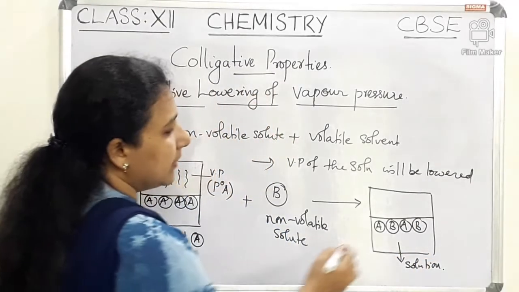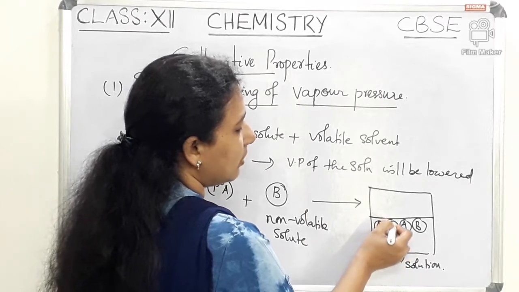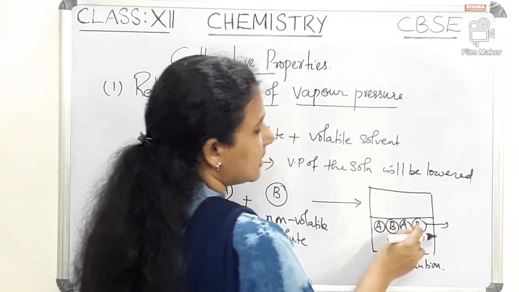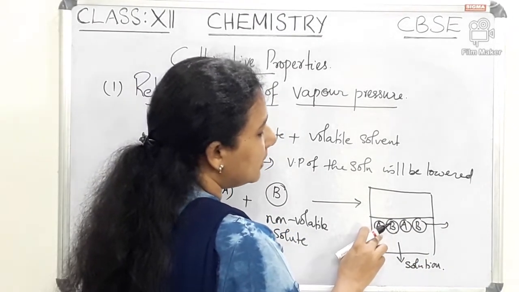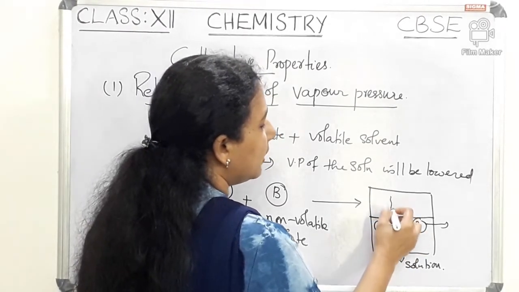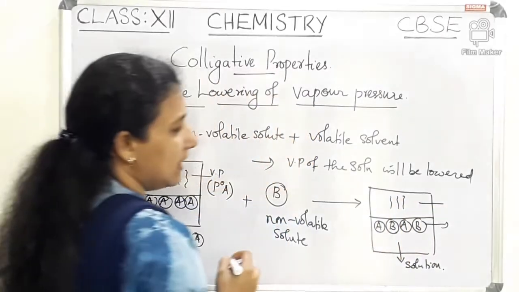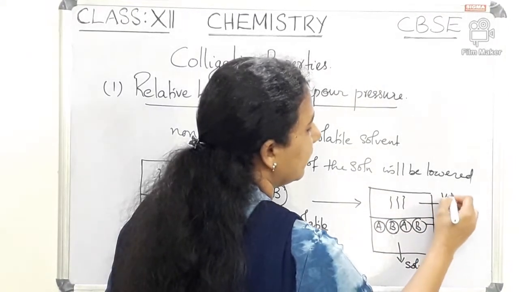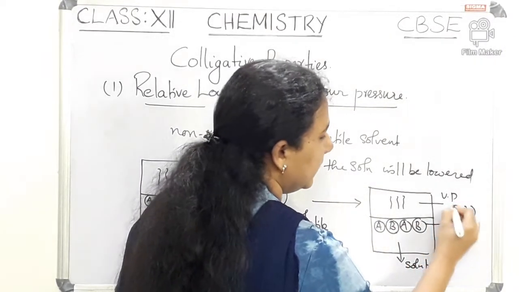We have studied that component B will occupy some space on the surface of the liquid, so there is less availability of component A. That means component A will evaporate very little. The vaporization of component A is less in this case, and the vapor pressure is also less, and that can be represented by PA.